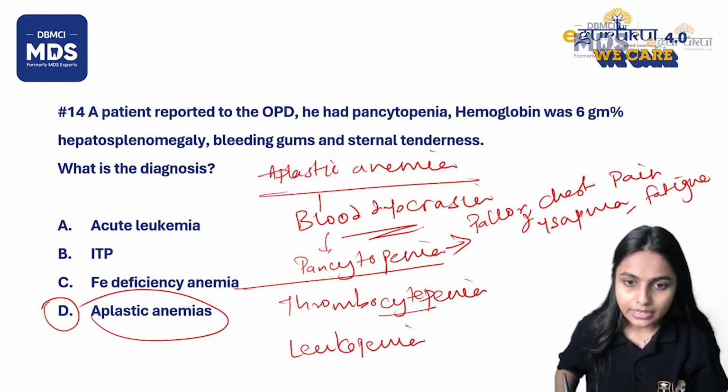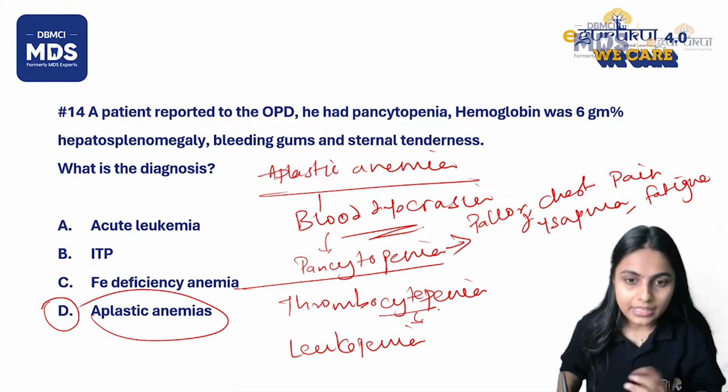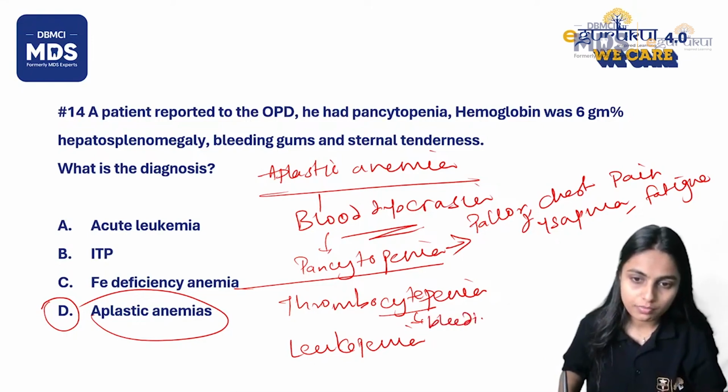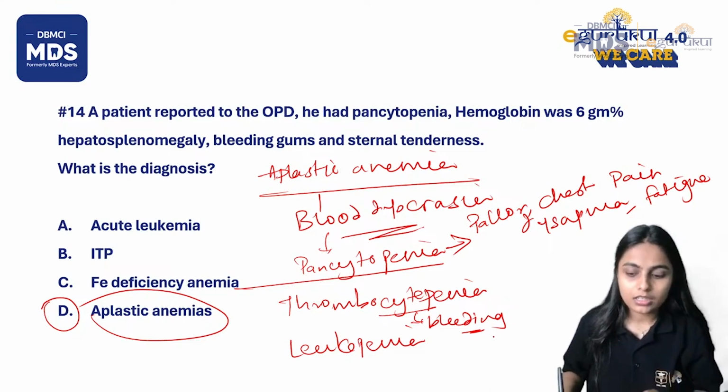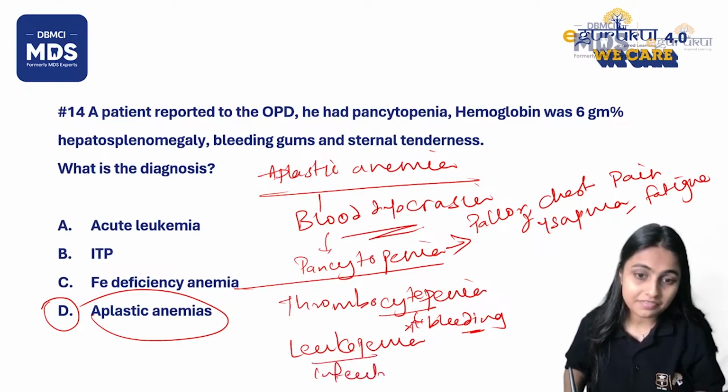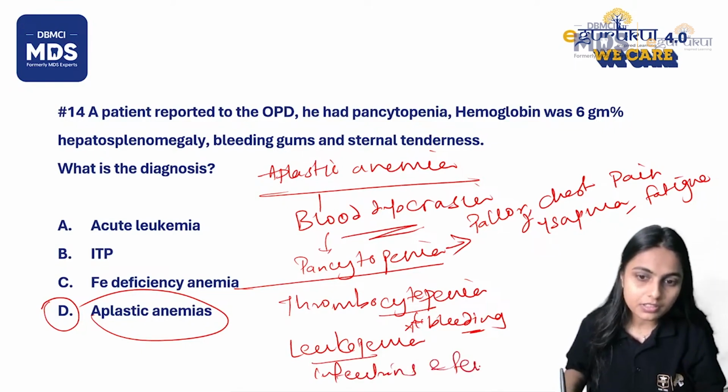Thrombocytopenia, sorry, leads to bleeding, hemorrhage. So bleeding gums, petechiae, then bruising will increase. Leukopenia will cause infections and fever.